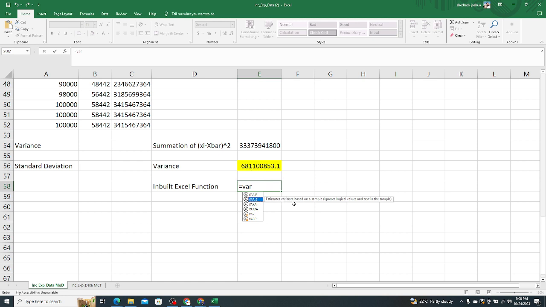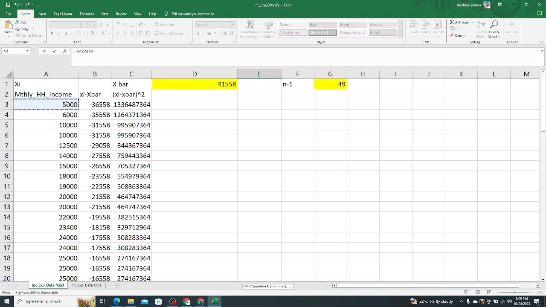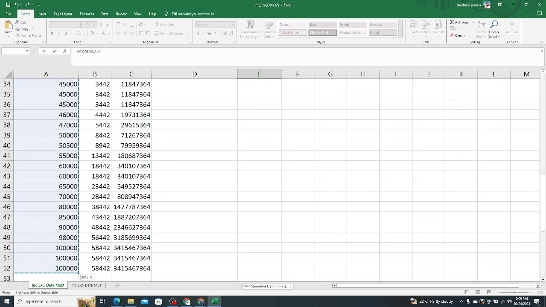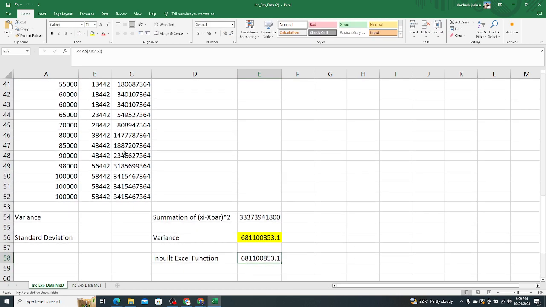Because we are estimating variance based on a sample, and we are expecting the outcome to be this value. So we highlight our monthly household income data and press enter, and you can see we are getting the same value, meaning our mathematical calculation method was correct. Good.